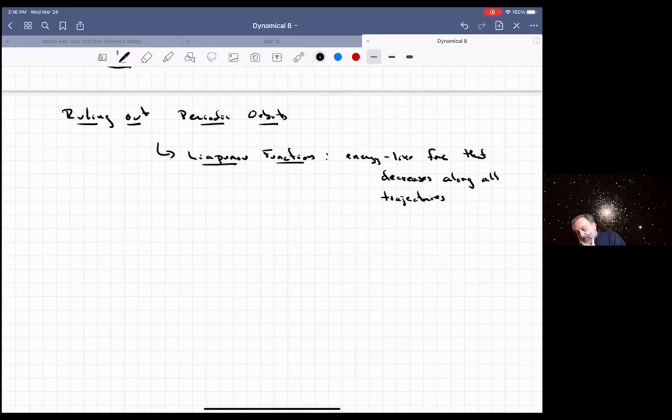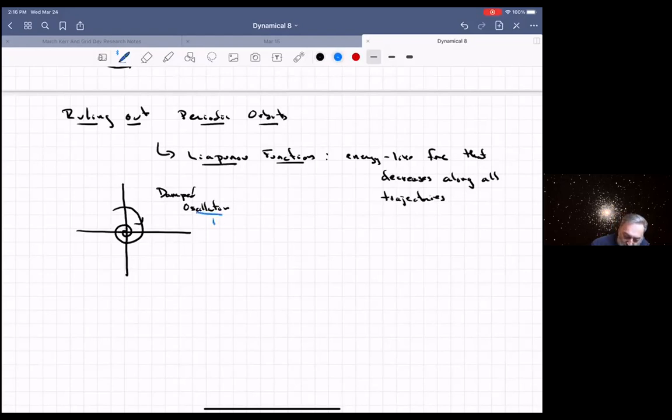The motivation here is, let's suppose that we have a damped oscillator. In a damped oscillator, every trajectory ends up at the origin.